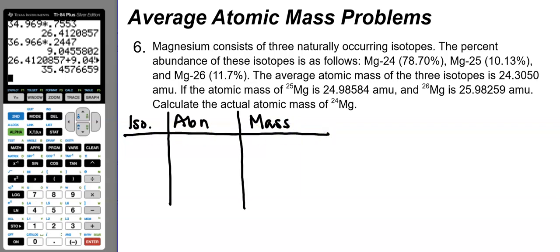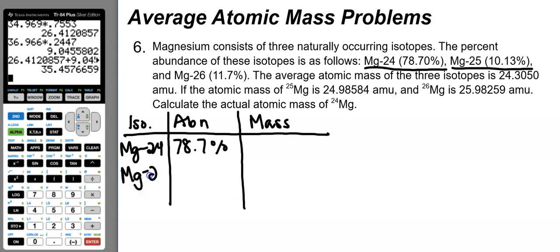Fill in our table. We have magnesium 24 with that percent abundance, Mg24, which is 78.7% abundant. We have magnesium 25, Mg25, which has an abundance of 10.13%.